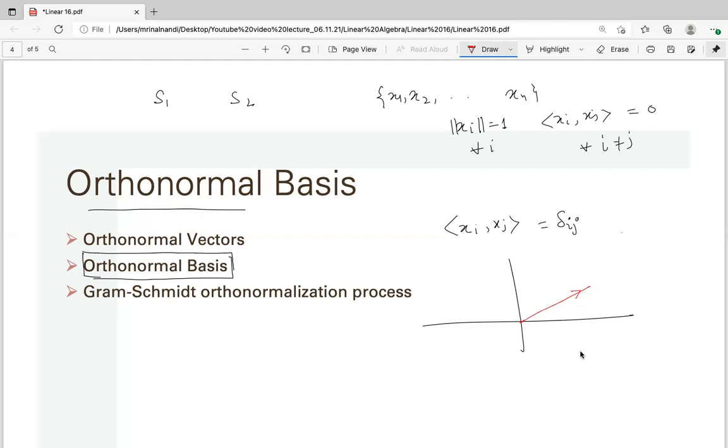Now I want to extend this, or maybe there's one more question we can ask: I have a basis that may not be orthogonal or orthonormal. Can we find an orthonormal basis from this? Why is this question related to that? Because we may also have an orthonormal set of vectors or orthogonal set of vectors, whatever.